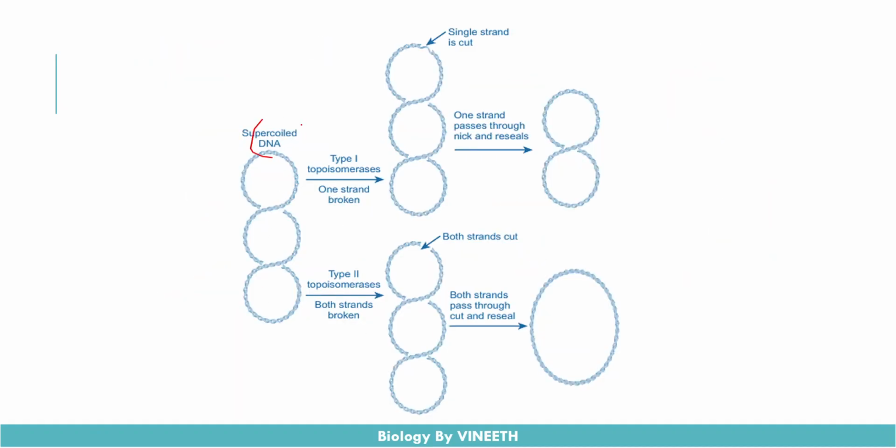On the supercoiled DNA, type 1 introduces one strand break, one strand cut, to relieve the strain, or to change the linking number by 1. That means if the initial linking number of this supercoiled DNA is 3, it will be changed to 2.